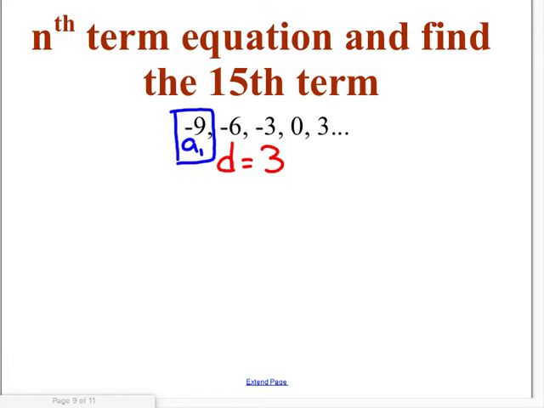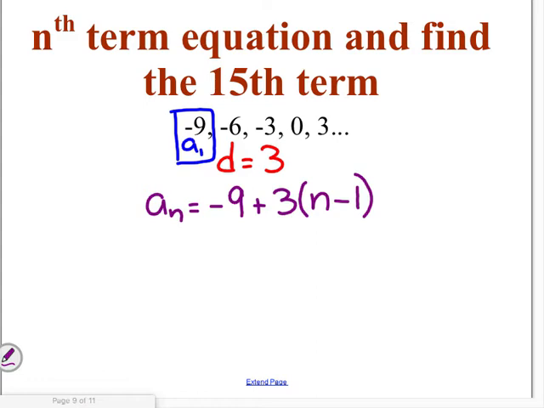So that's just saying AN, we aren't looking for a specific number yet, is equal to our first term, which is negative 9, plus the common difference times n minus 1. So we're looking for just any number n. This is the equation that we could plug into to find that term in the sequence. If, for example, our common difference had been negative 3, then instead of this plus sign right here, we would have a minus. But since we're going up by 3, it is a plus.